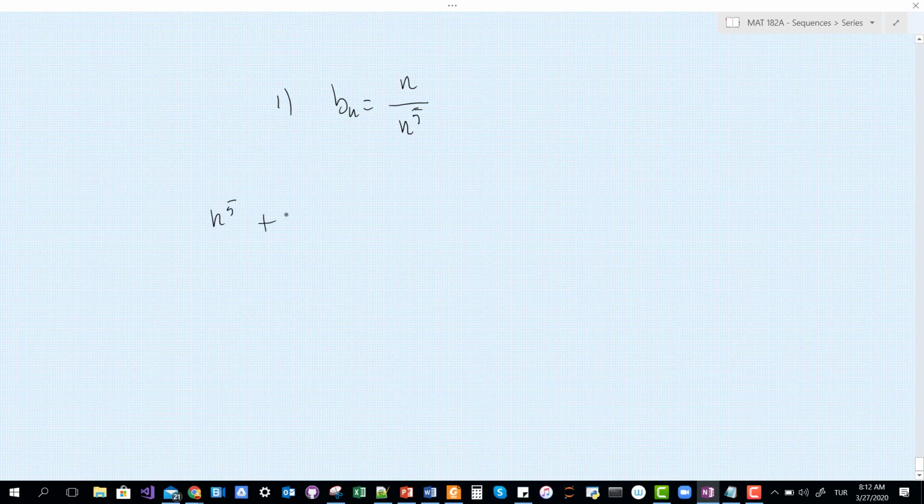So look at that. This term is bigger than n to the 5, and I'm going to flip them. N to the 5 plus 4, which is less than n to the 5. Then I can multiply by n, right? So multiply by n.